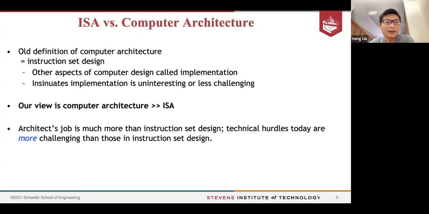But today, computer architecture is way more than instruction set architecture, because we have to address technical hurdles that are more challenging than those we thought about before. The implementation of cache or parallelism before was very simple, but right now it's significantly more complicated.